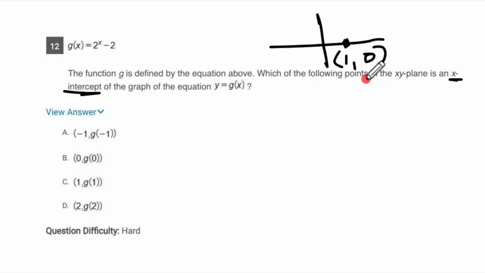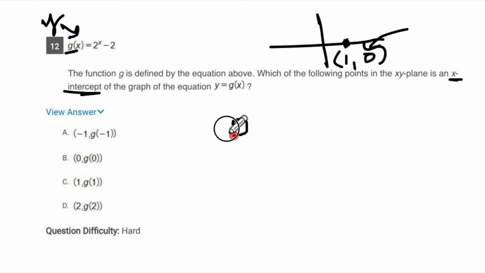So an x-intercept is where y is 0. And just remember that this is the function, and we're going to set it equal to 0 because this is the y value, remember? This is going to be really helpful if you can keep in mind that this notation is the same as y. So when it is on the x-axis or an x-intercept, y is going to be 0.